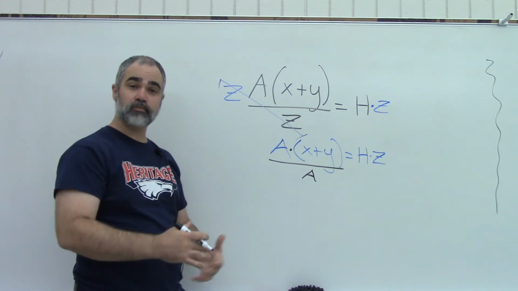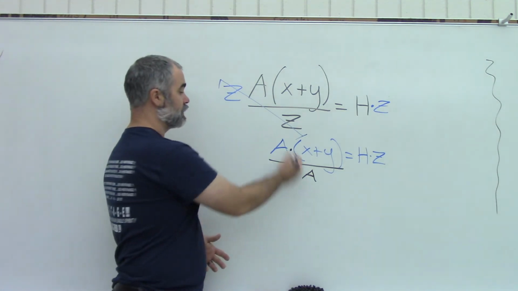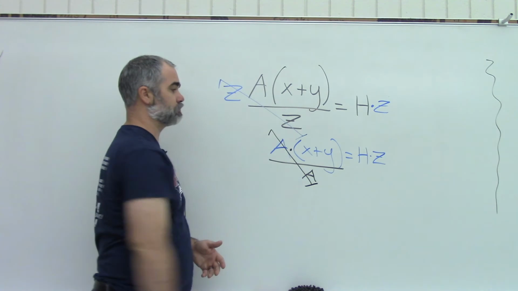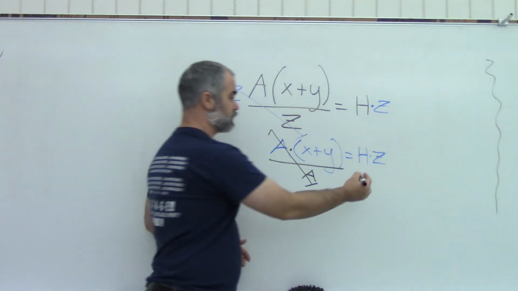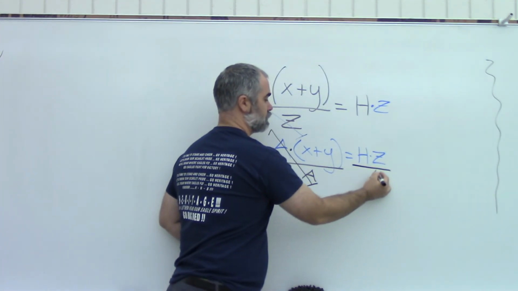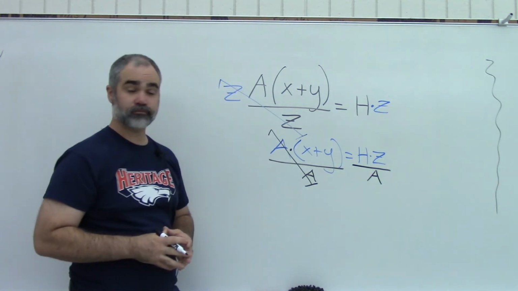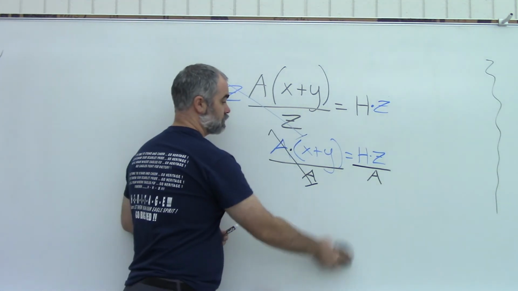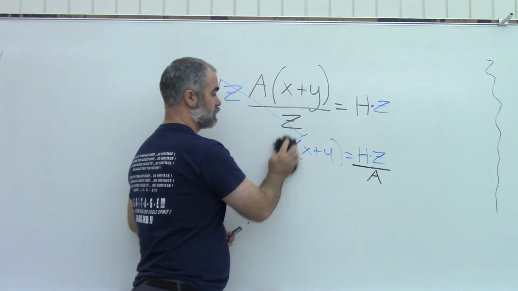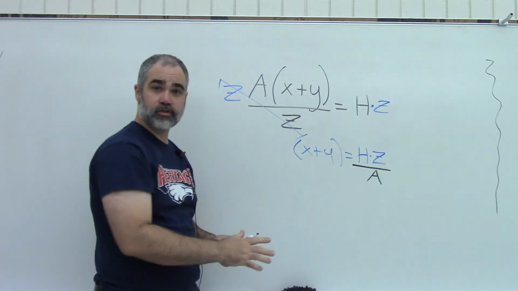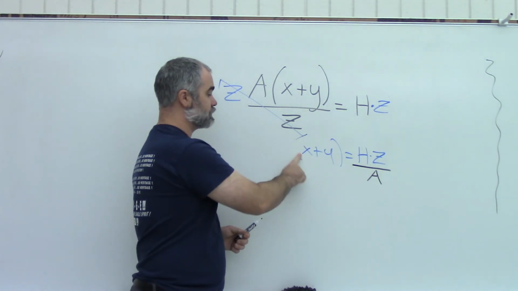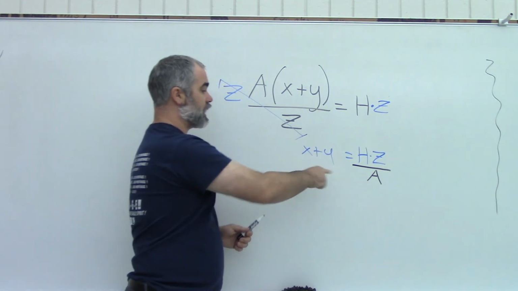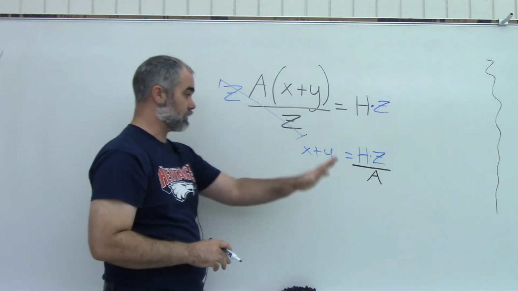Since the whole side's multiplied and the whole side's divided, that divides into a big 1. And over here, I've got an a. Now, once those are gone, I don't have anything left to distribute in here, so I can get rid of the parentheses. And I'm left with x plus y equals all of that.